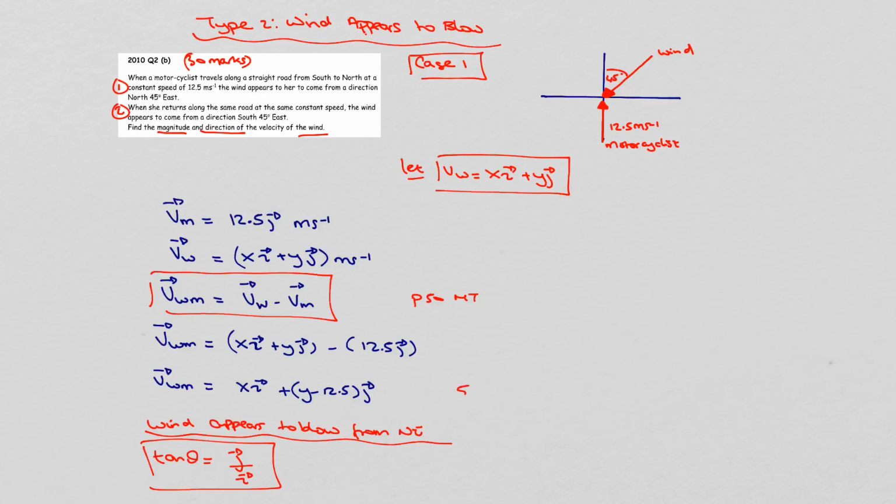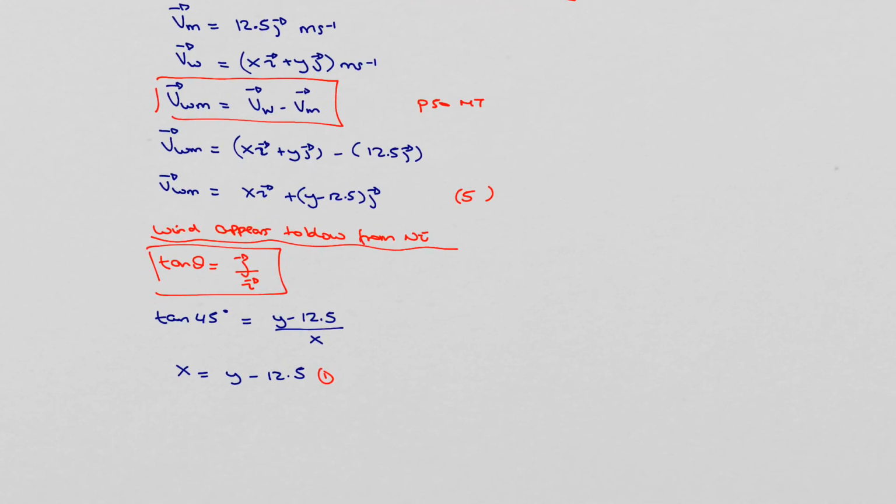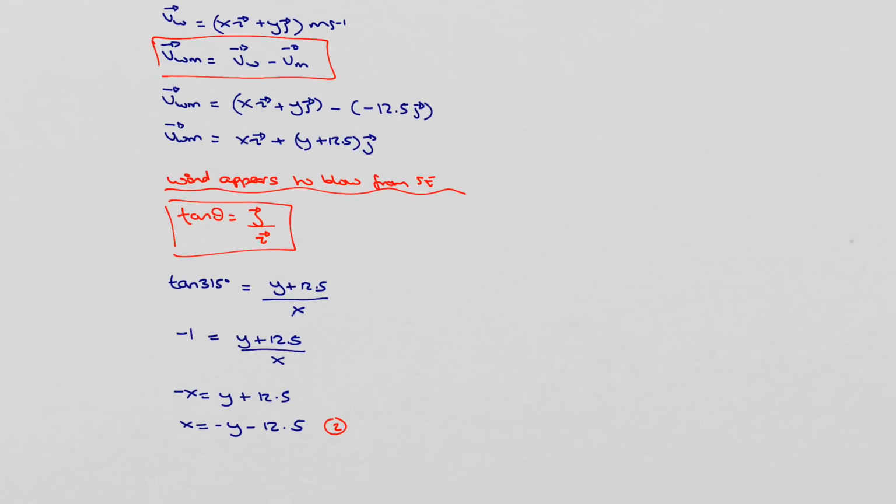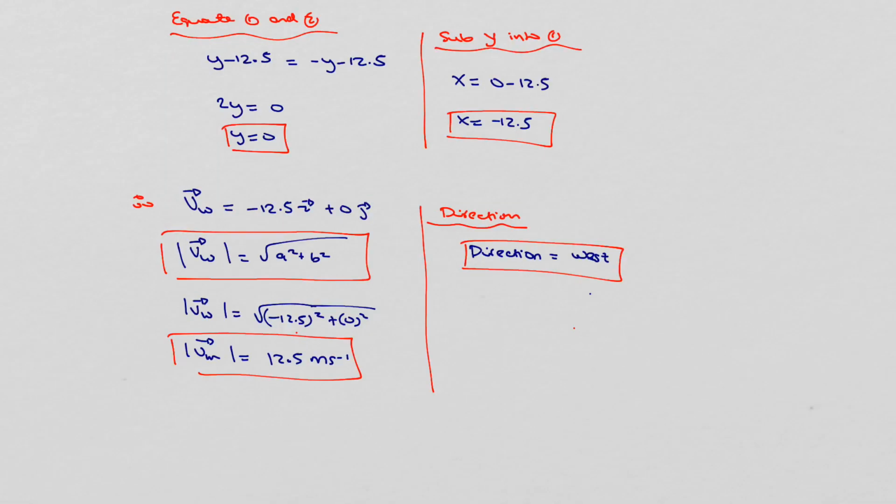So we had 5, and getting our slope is going to be another 5. And then the same for the next one, setting it up. We had 5, and getting our equation, we had 5. And then solving for our velocity of the wind, so for our x and our y values, we were getting 5. And then 5 for getting the magnitude and the direction. So 30 marks in total.